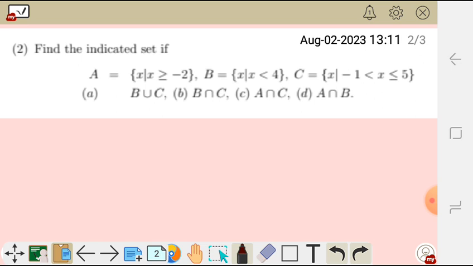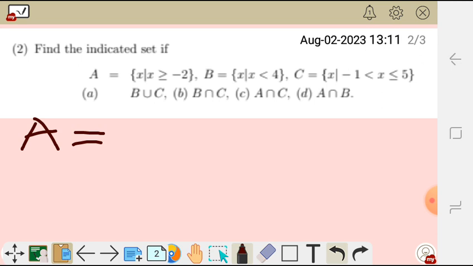The best approach to these questions is to simplify the set builder notation so that you know what elements are represented by each set. To simplify this, I'm going to use intervals instead of set builder notation.